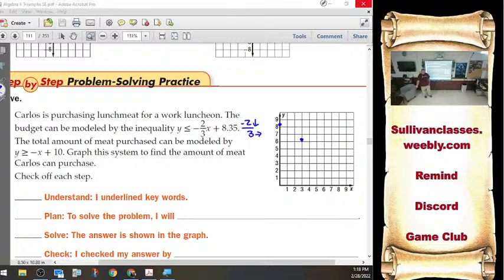That is pretty good. So you just ballpark it. Down 2, right 1, 2, 3, about there. Solid or dotted? Solid.